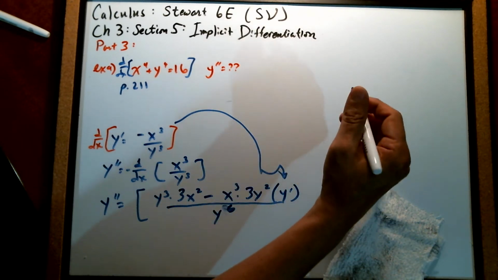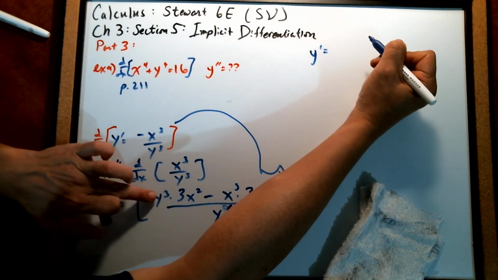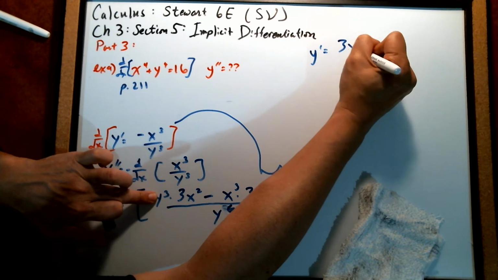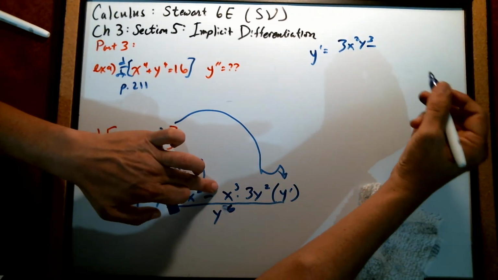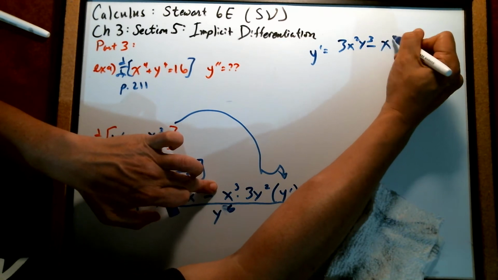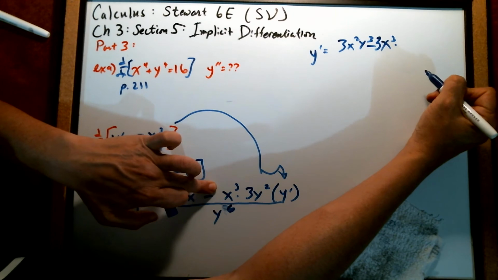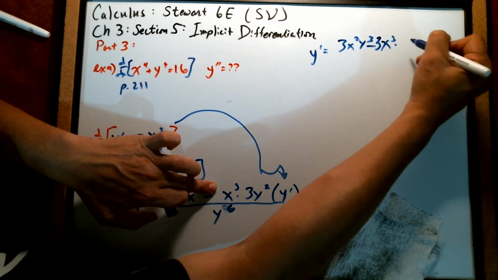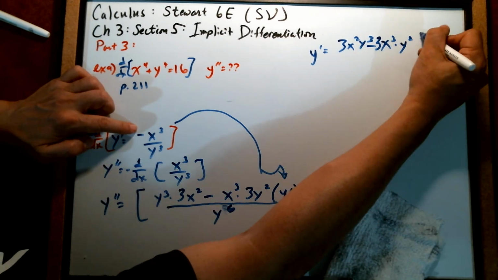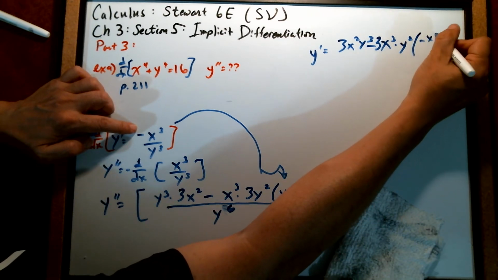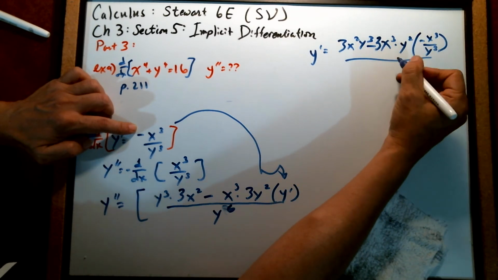So I'm going to write over here, y double prime is equal to 3x squared y cubed minus, I'm going to factor out the 3 in the front, 3x cubed y squared times y prime, which is negative x cubed over y cubed, all over y to the 6.